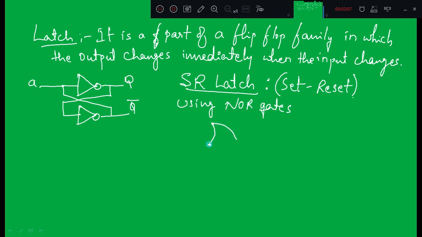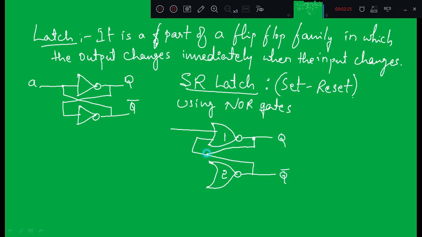So this is the SR latch. This is the first NOR gate, this is the second NOR gate. One input of a NOR gate is connected to the output of the second NOR gate, and the output of the first NOR gate is connected to one of the inputs of the second NOR gate, right?